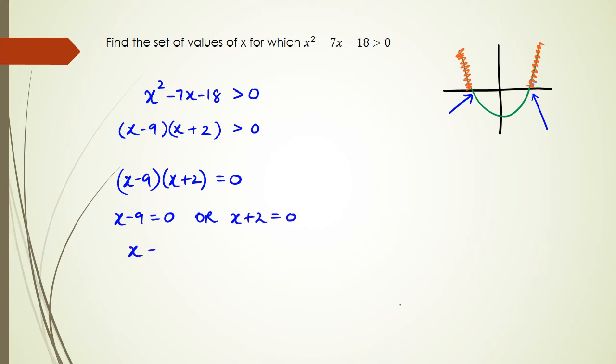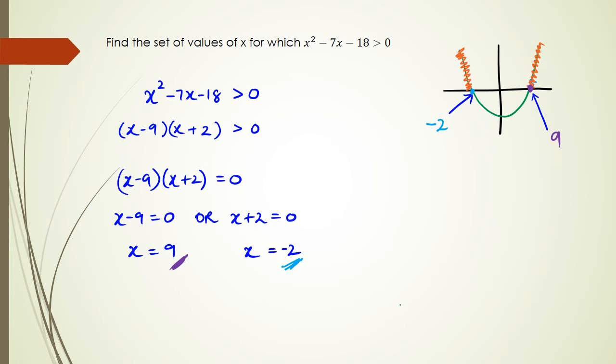So in the first case we've got x equals 9, and in the second case we've got x equals negative 2. Basically what that means is negative 2 is right there, that point right there, and then we have positive 9, which happens to be here.